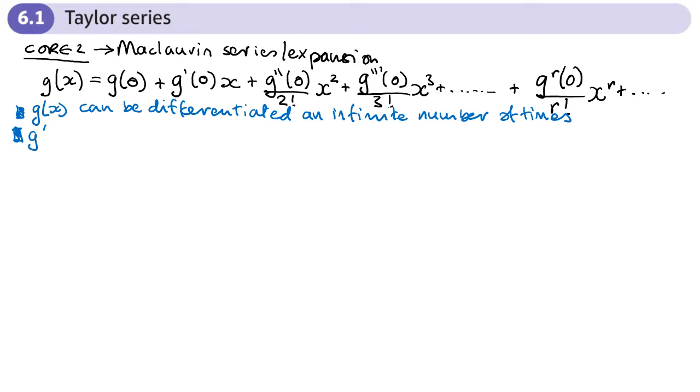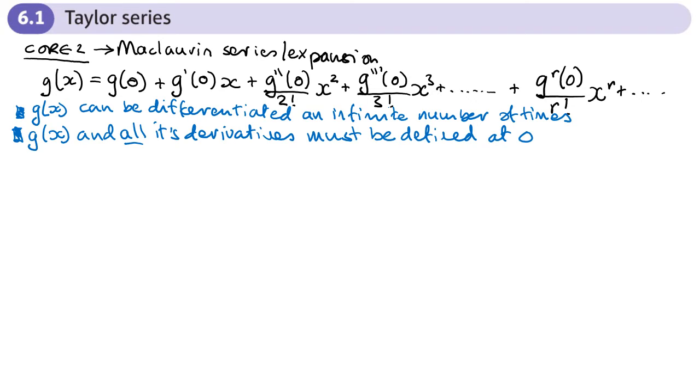Okay, so g of x and all its derivatives must be defined at 0. In other words, if we substitute 0 in, we must get something that can be evaluated. So not 1 divided by 0, or something divided by 0. Okay, we don't want that. So they're the two things that it must have.